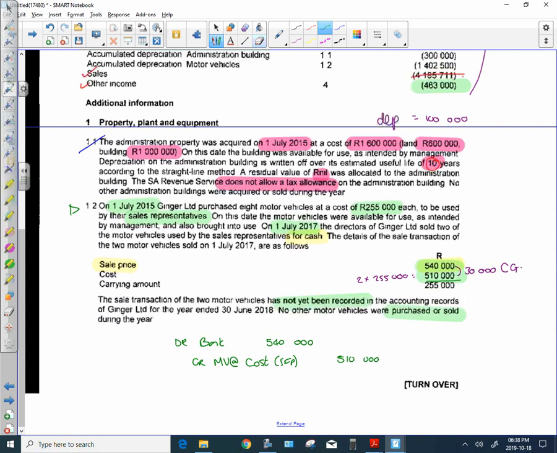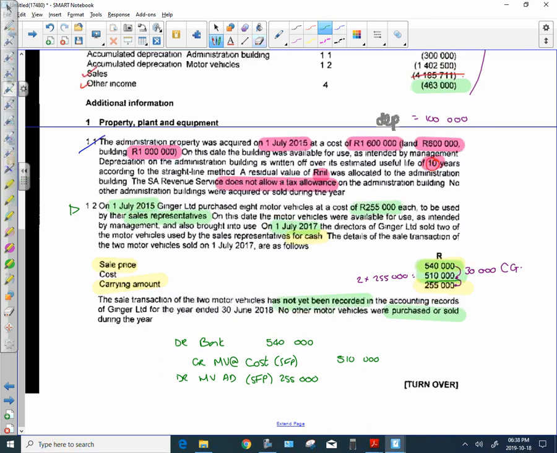Then there's going to be a debit to my motor vehicles accumulated depreciation account. Again, that's in my statement of financial position, and what they gave you is the carrying amount of these motor vehicles. So the difference between my cost and my carrying amount, do you agree, would have to be my accumulated depreciation?